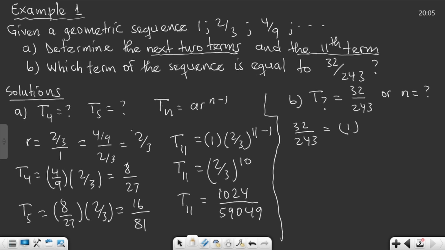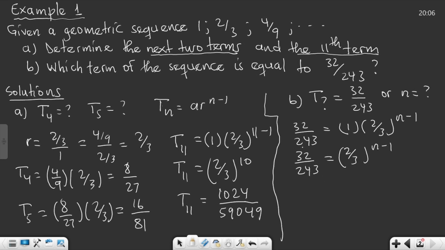Times R, we calculated R, the common ratio is 2/3, to the power of n minus 1. So you can see that 32/243 is equal to 1 times everything there, so it's 2/3 to the power of n minus 1.